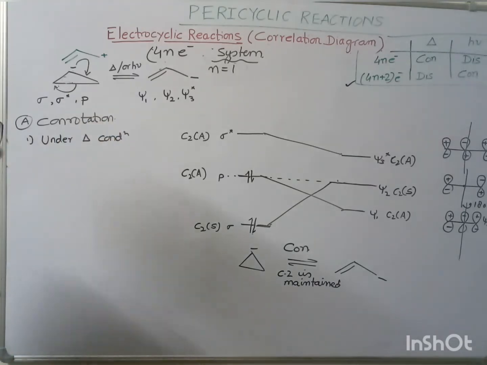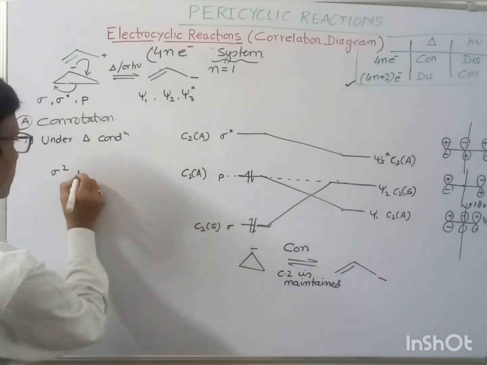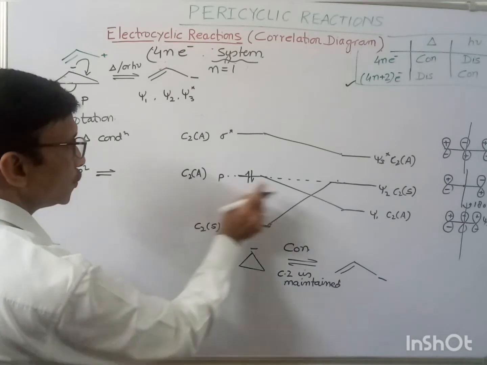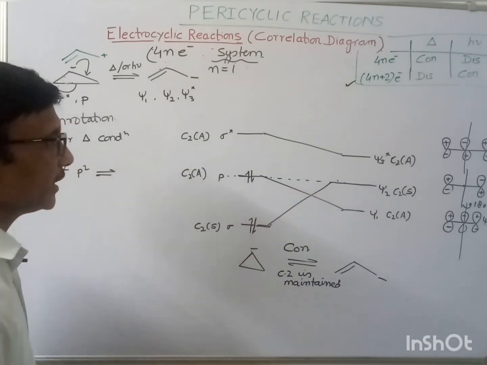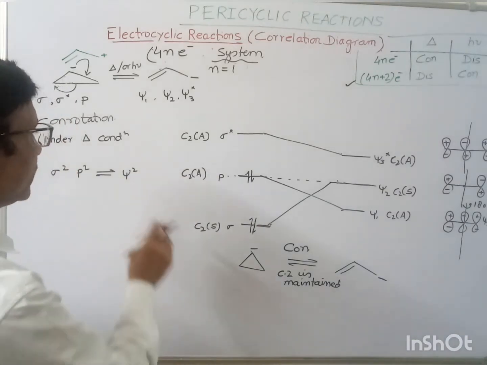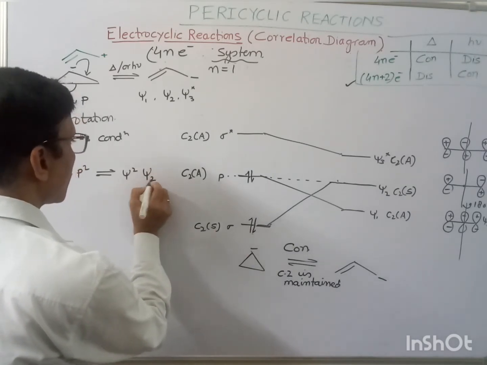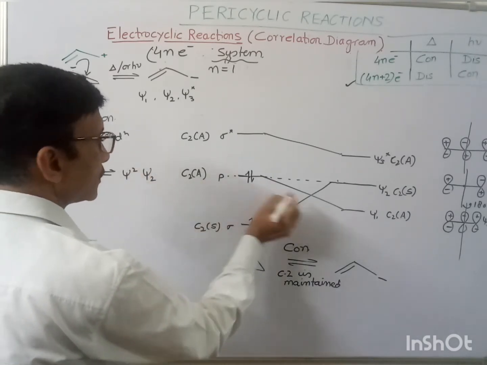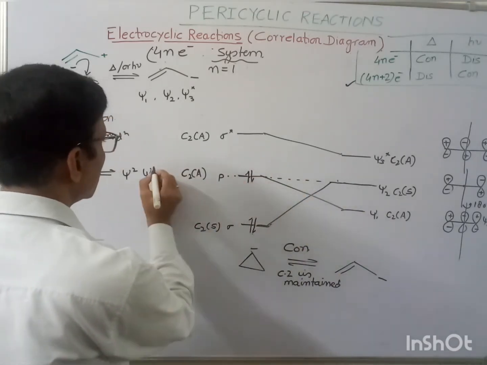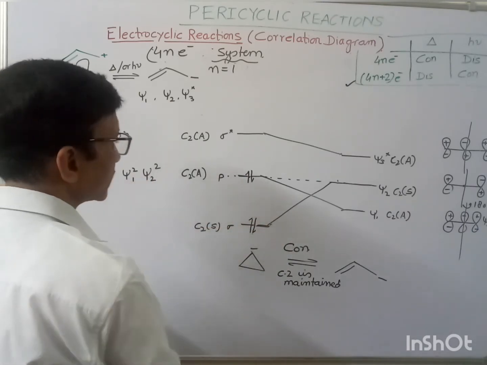then under conrotation, sigma is having 2 electrons, p is having 2 electrons, and this sigma electron is going into psi 2. And these p electrons are going into psi 1.